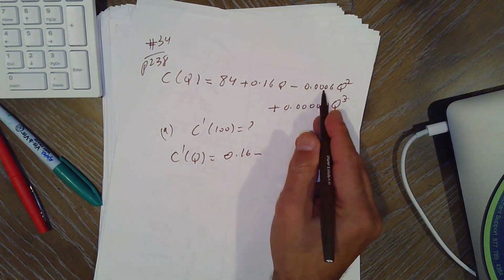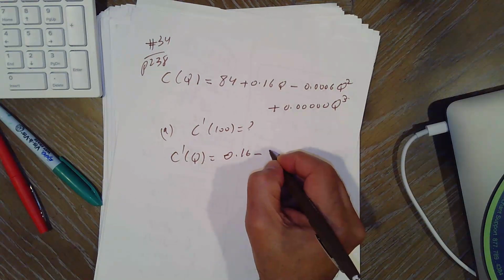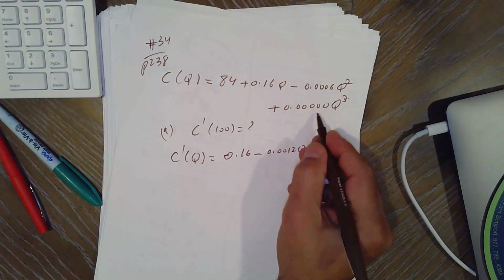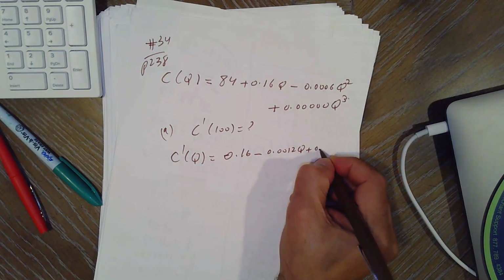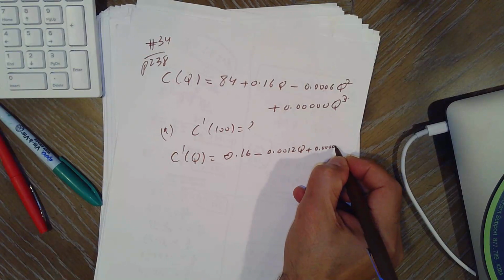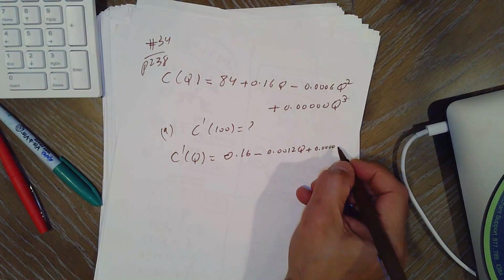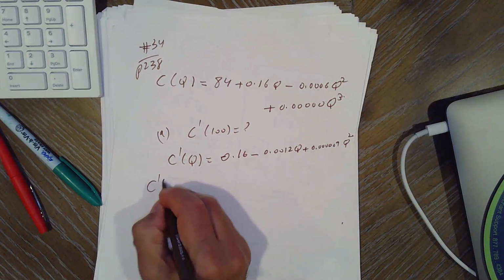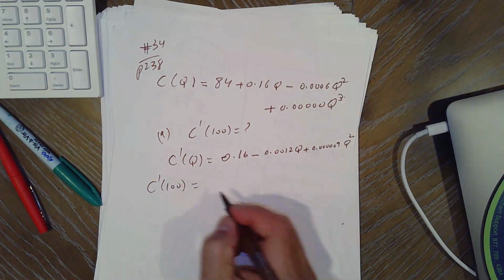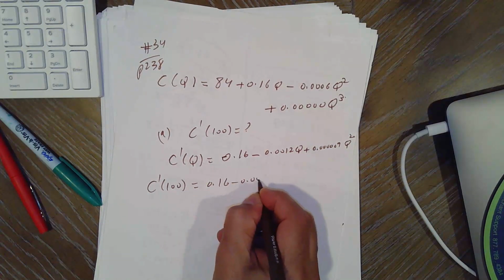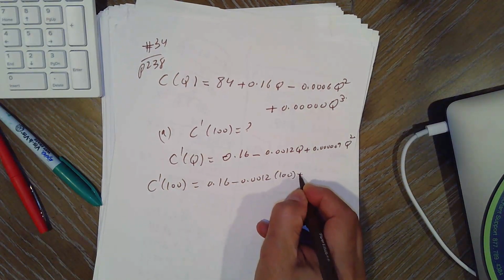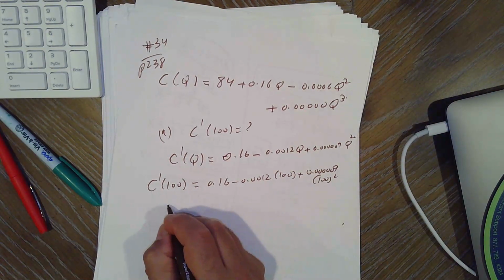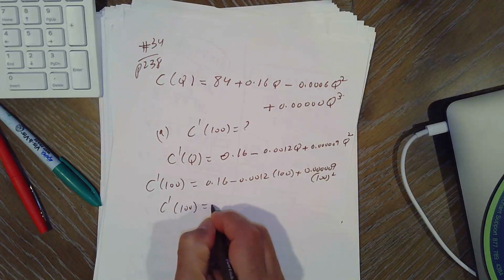That's 0.16 minus 2 times that, 0.0012 Q, plus 3 times that, 0.00009 Q squared. So C prime of 100 is, if you plug 100 in there, 0.00009 times 100 squared, which comes to 0.13.